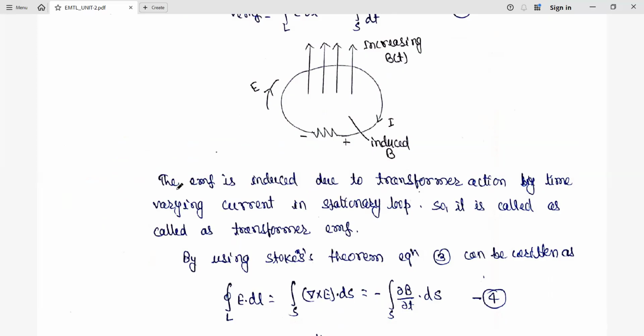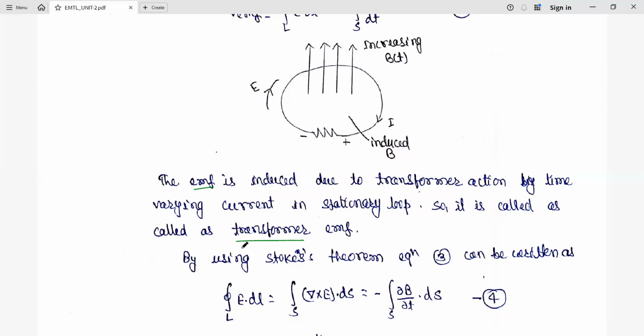So the EMF is induced due to transformer action by the time varying current in the loop. So it is called the transformer EMF. Why is its name given transformer EMF? Since it is happening due to the transformer action, due to the varying current in the loop. Due to that varying current, it's going to induce the EMF, so its name is given transformer EMF.